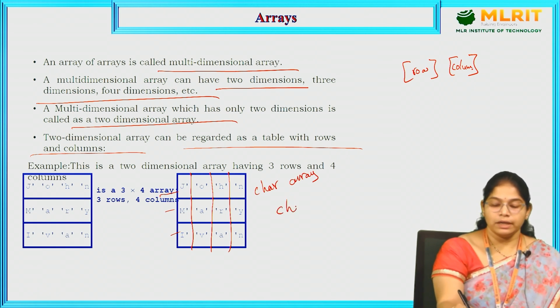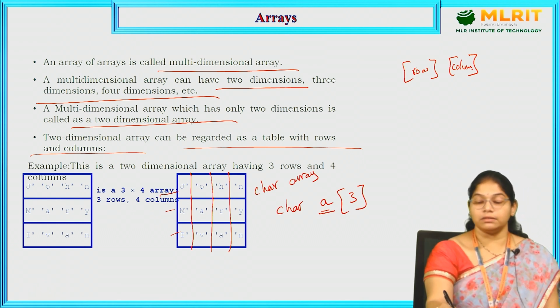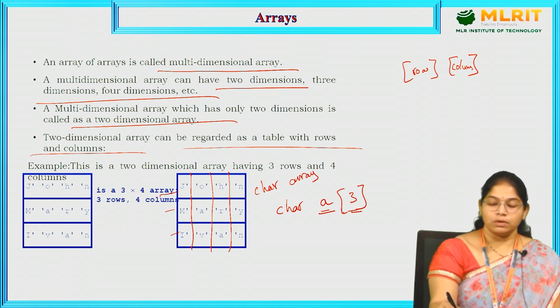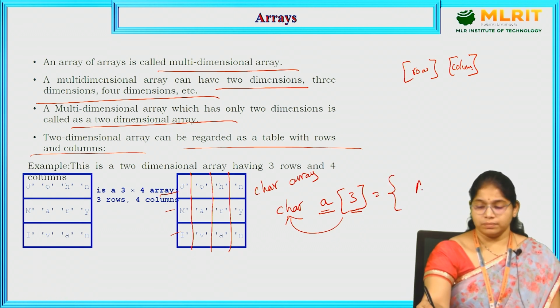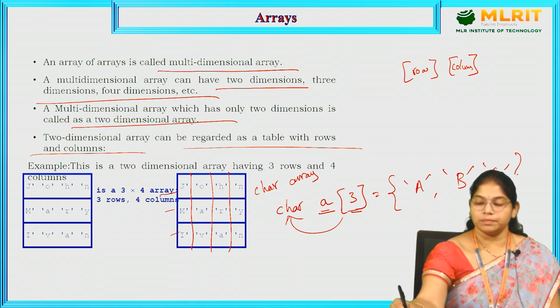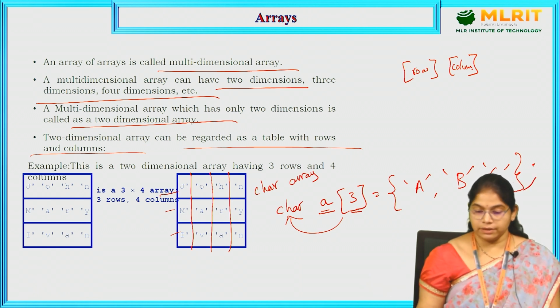So here the data type is character, array name is A, size let us suppose 3. That means this array can take 3 values of character type. Characters are always enclosed in single quotations. This way we can represent a character array.